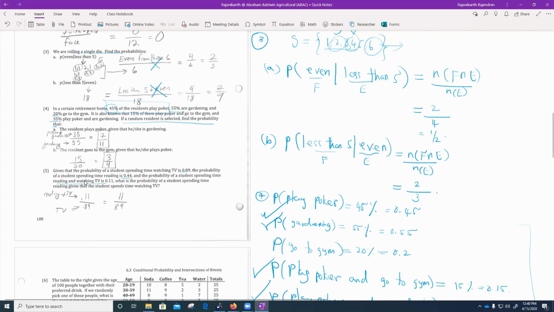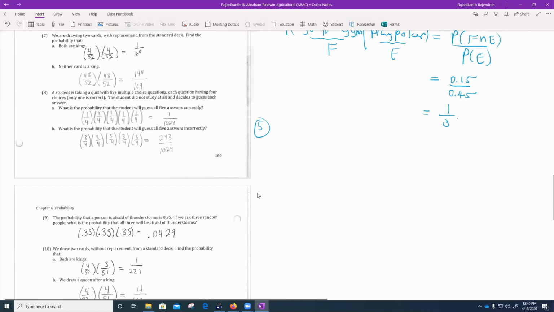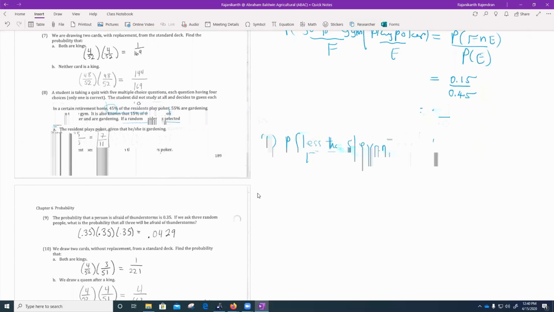What's the probability of a student spending time reading given that the student spends time watching TV? So the question is finding the probability of reading given that he or she is watching TV, right? So my event F is spending time on reading, and my event E is spending time on watching TV. So again, it is a conditional probability, so I'm using my conditional formula, right?